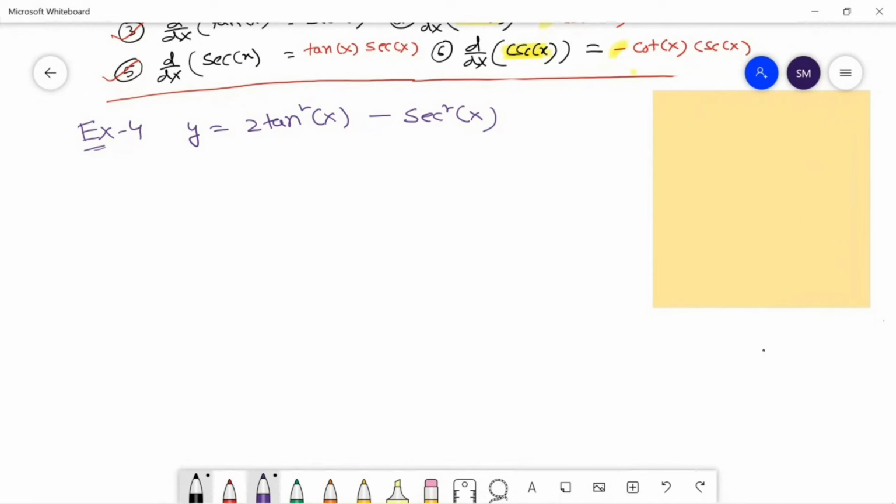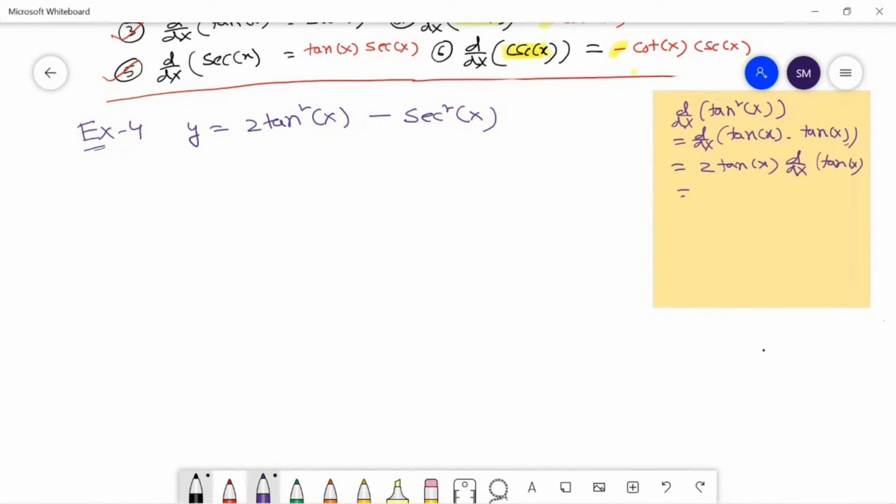Our next example is to find the derivative of y equal to tan square x minus secant square x. Now we don't have any rule for tan square x and secant square x. So using the product rule, we will find the derivative for tan square x and secant square x. We can write tan square x as tan x multiplied by tan x, so the derivative is 2 tan x times the derivative of tan x.